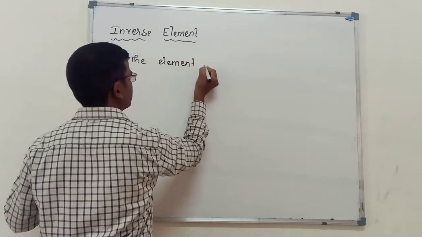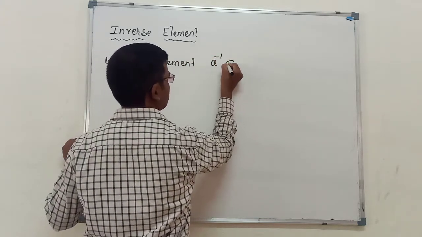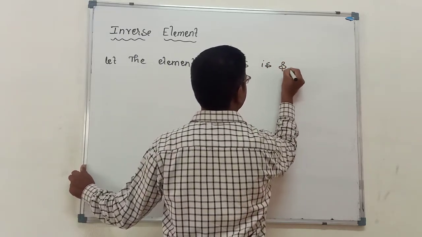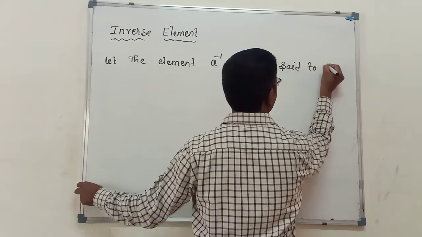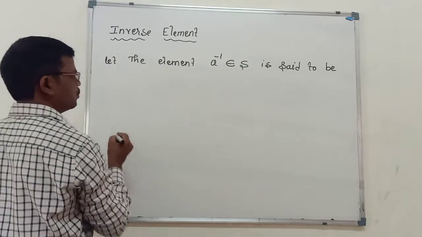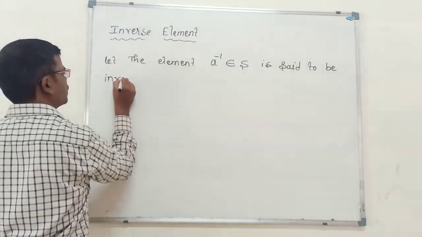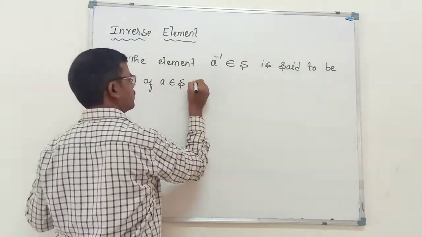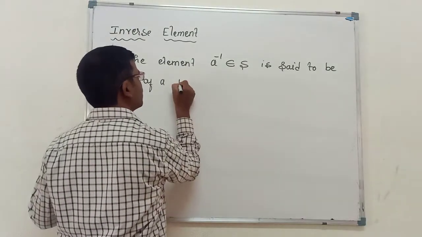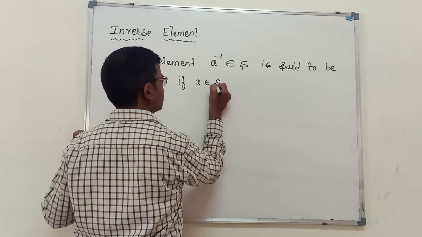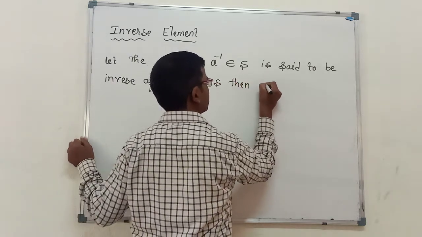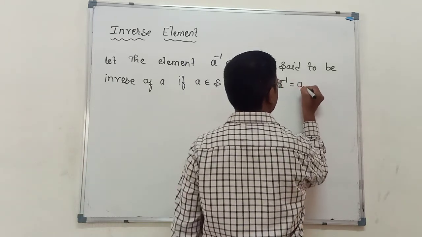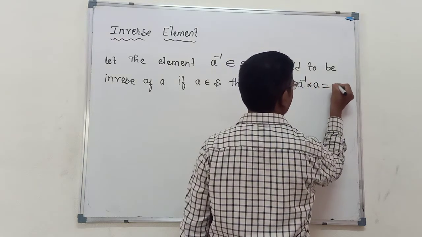Let me consider an element, A inverse belongs to S, is said to be the inverse of A belongs to S. If A belongs to S, then A star A inverse is equal to A inverse star A is equal to E.